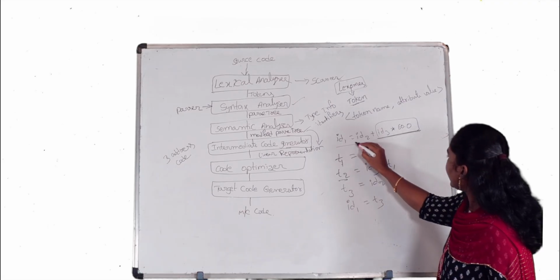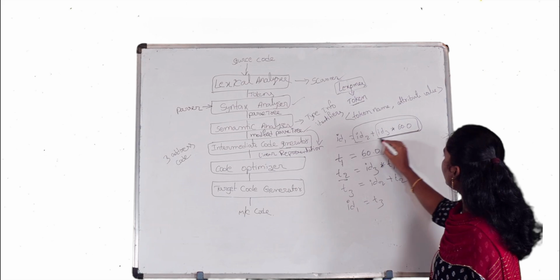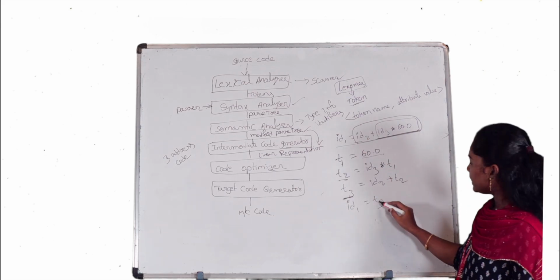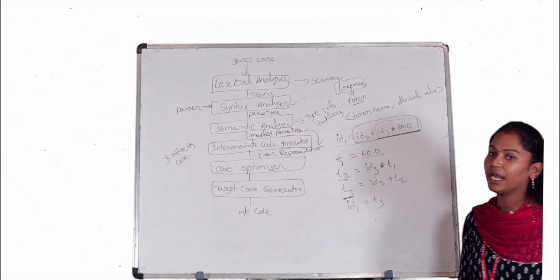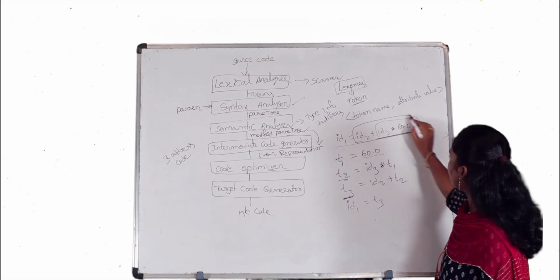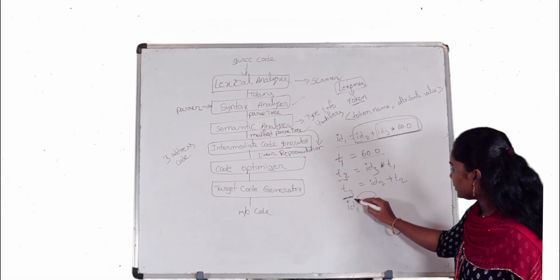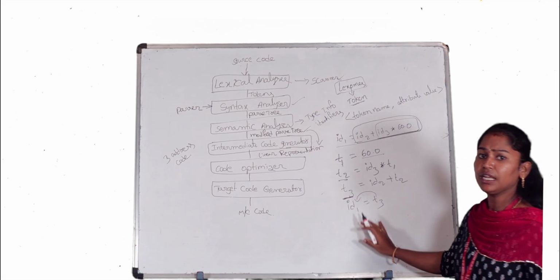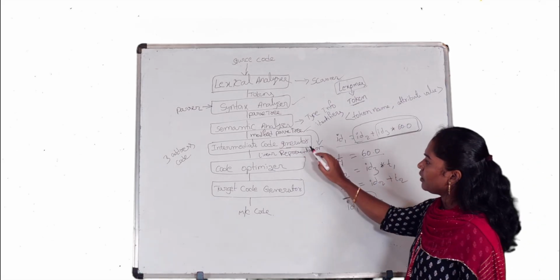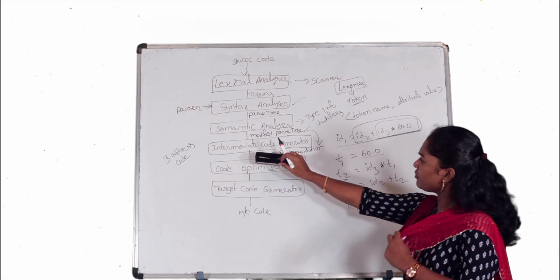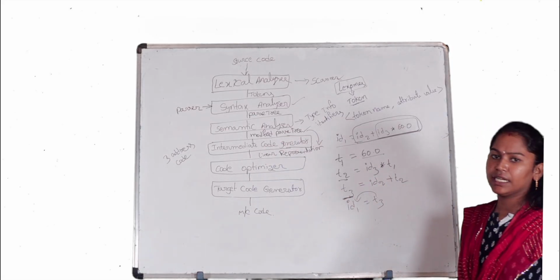Now this entire value is stored in T3, so that T3 is assigned to id1. Whatever the result of id2 plus id3 star 60, now we are storing into id1. So this is the linear representation of the given parse tree. So that is the role of the intermediate code generator.